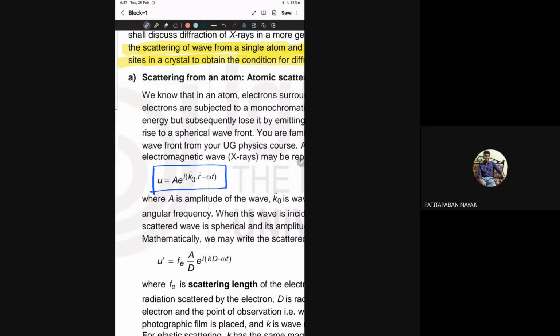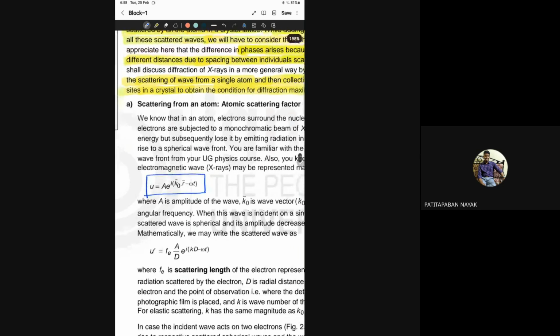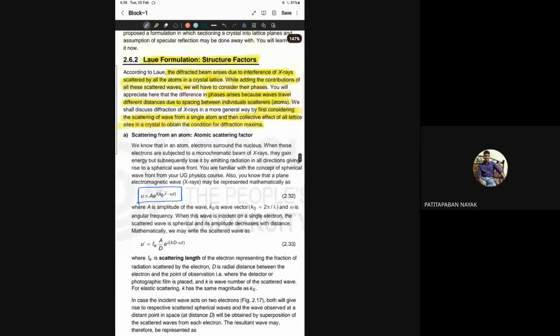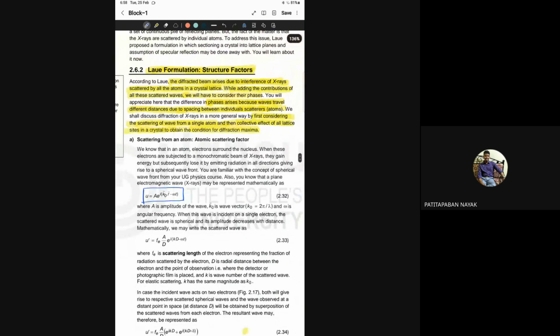Since this is three-dimensional, it will be i(k vector dot r vector minus omega t), k0 representing that it is an incident wave. A is the amplitude of the wave, and k0 is the wave vector, where k0 is equal to 2 pi by lambda. And omega is the angular frequency.